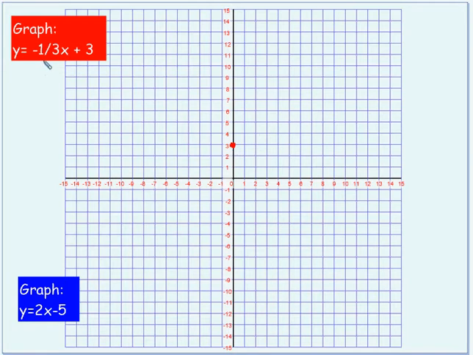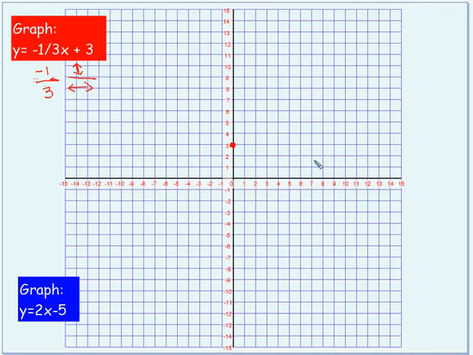Okay, and remember, this is going to tell you negative 1 over 3 is the distance that you go up or down, your rise over your run, the horizontal movement. So we need to go down 1, negative 1, and over 3.